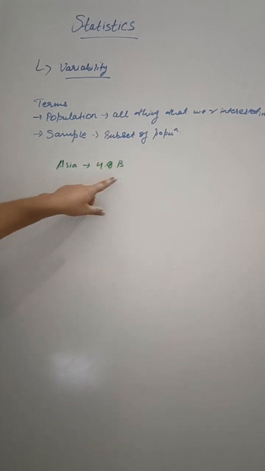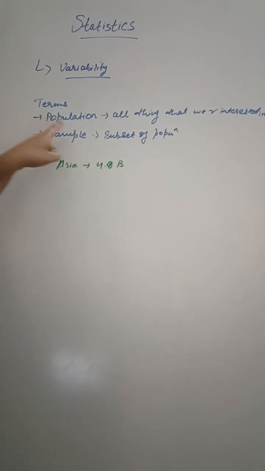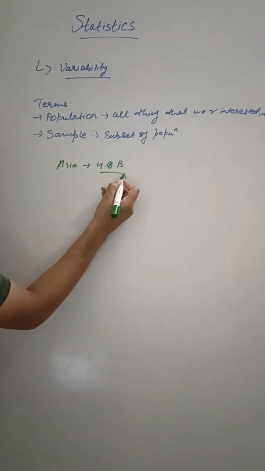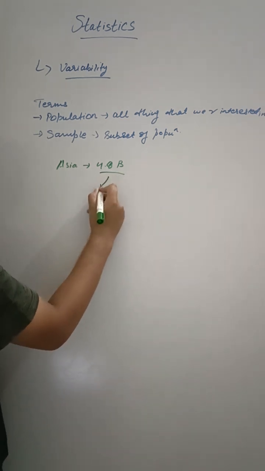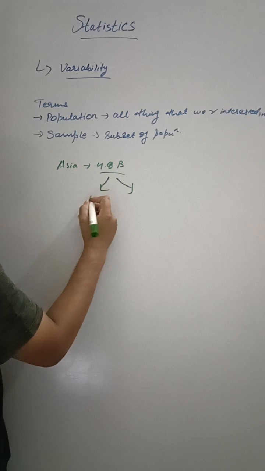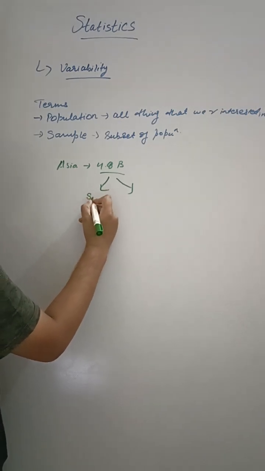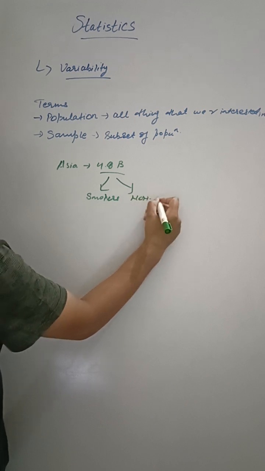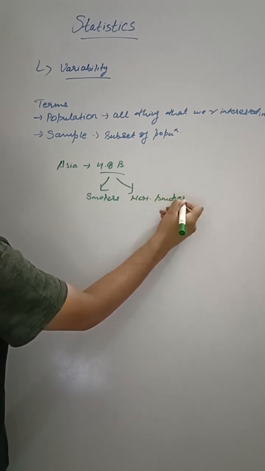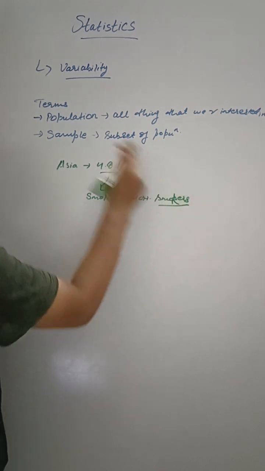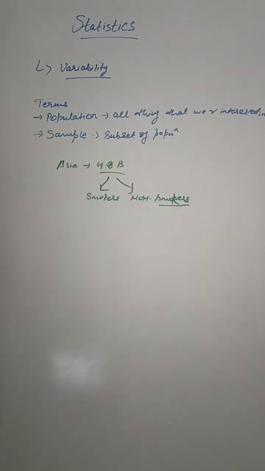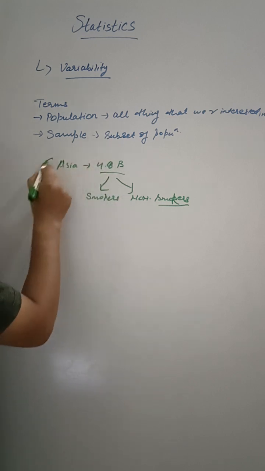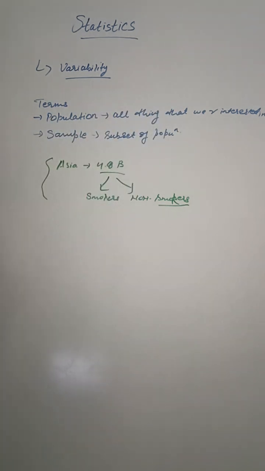Now, if I have to conduct a survey to know the preferences of people, whether they are smokers or non-smokers, conducting a survey with this vast population of 4.8 billion is almost an impossible task. So in this case, how do we proceed? We know the population, but still we cannot do anything with respect to this.